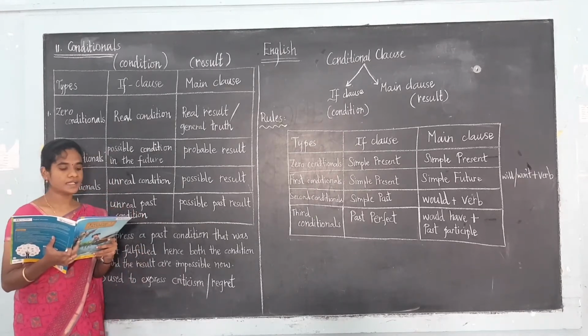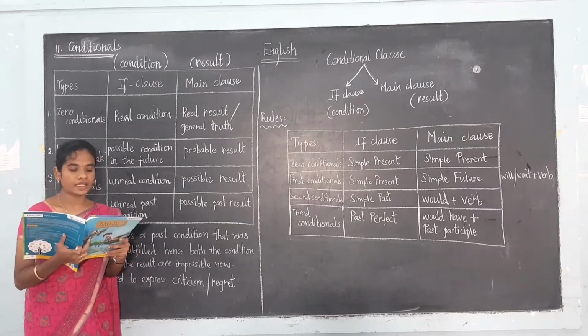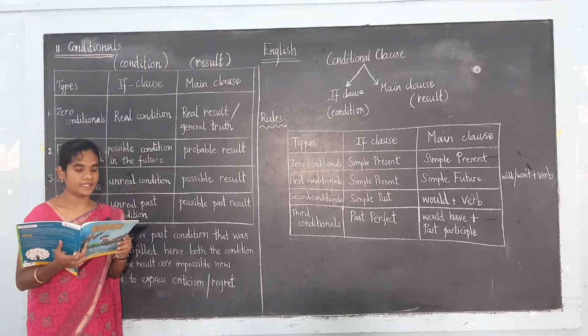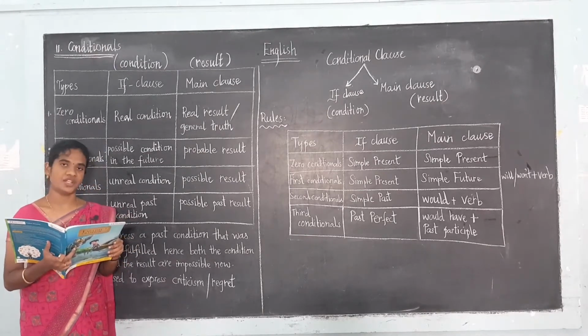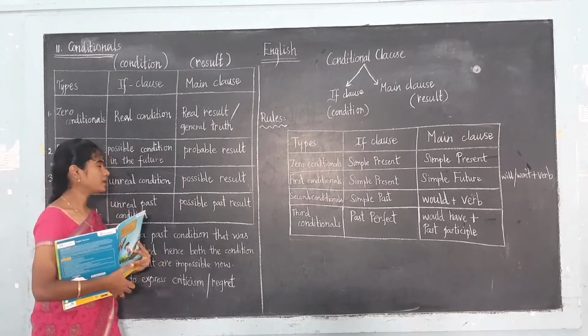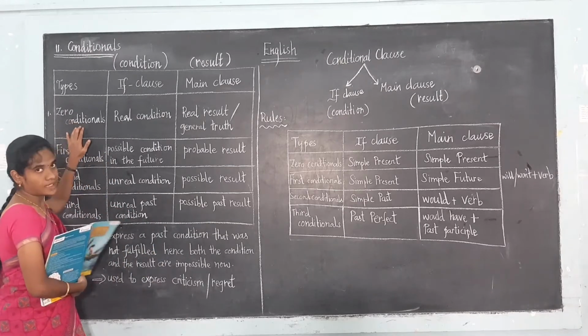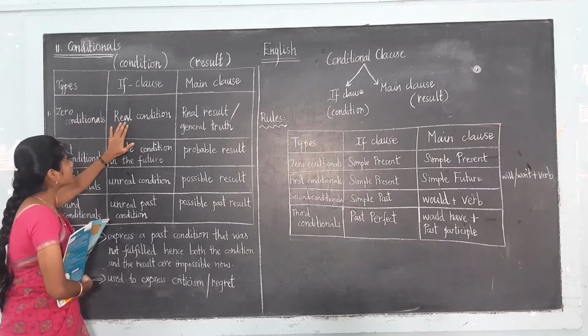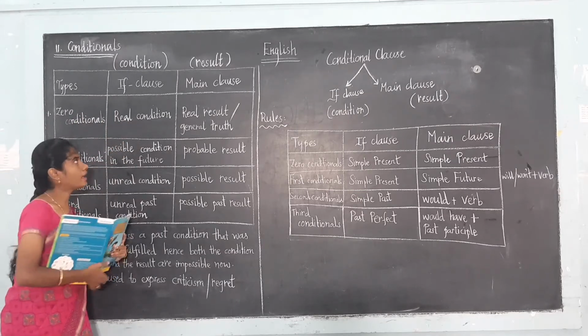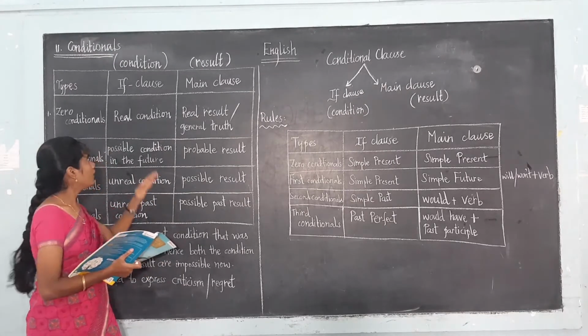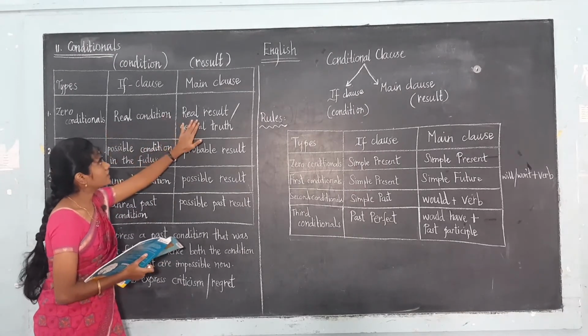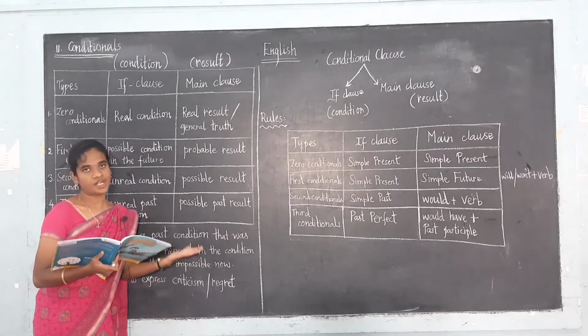Zero conditional sentences are sentences where the if clause states a real condition and the main clause states its real results or the general truth. We have already learned this.